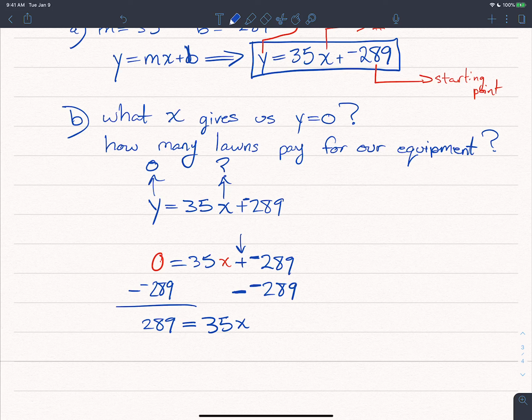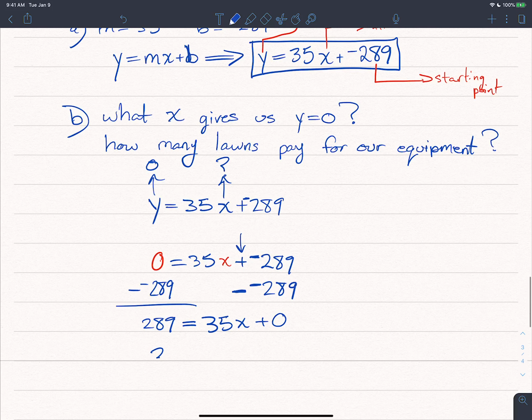That part didn't change. Plus negative 289 minus negative 289, that's 0. That 0 goes away, so we just have 289 equals 35x.